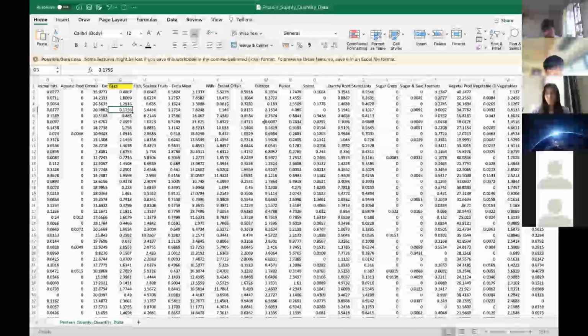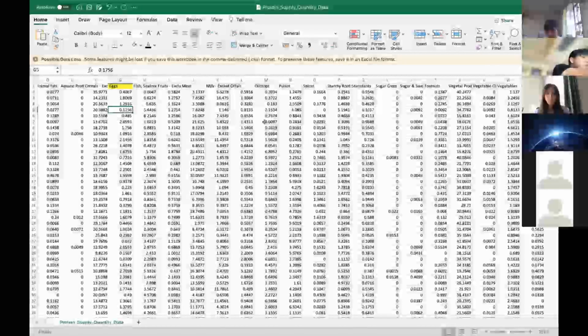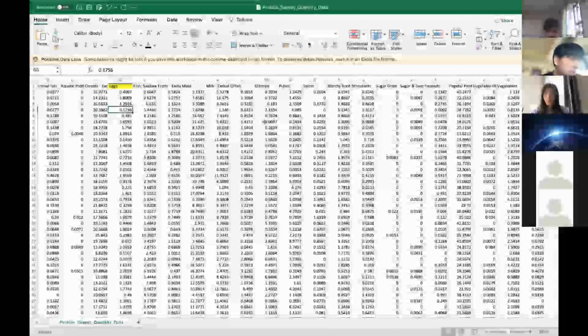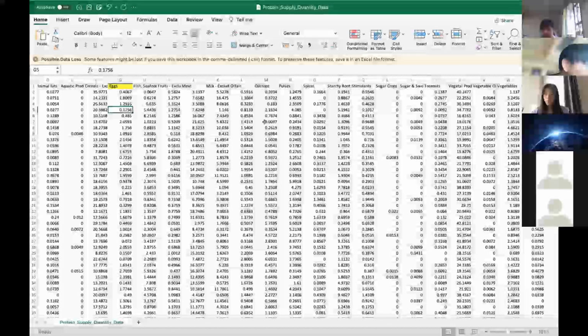Once you separate them, you can do a few things. The easiest thing is, if the numbers are similar, you can just add them all: egg plus fish plus meat plus mushroom equals protein, right?